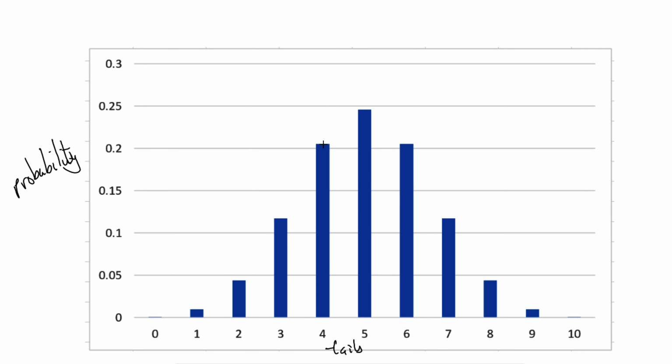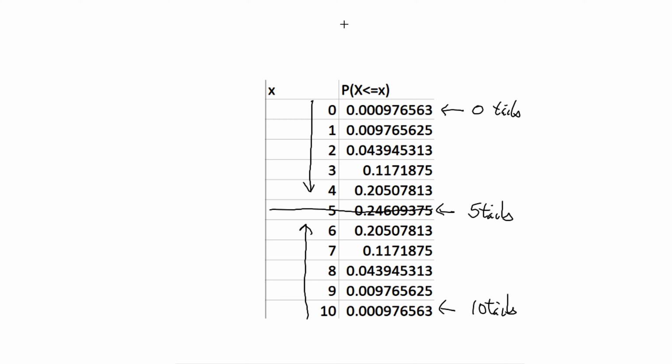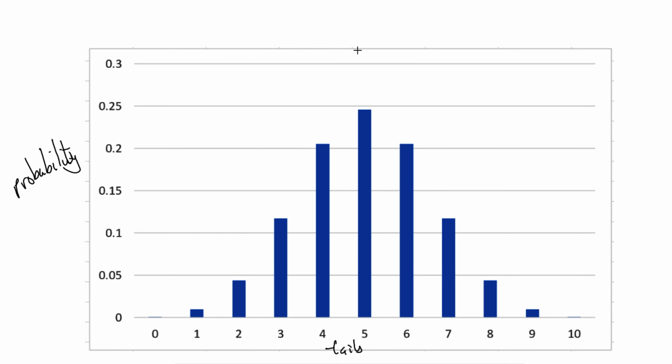And if you consider 4 tails and 6 tails, you can see that we've got around about 0.65 overall, cumulative chance of getting those 3 things. And even 8 has still got just under a 5% chance. Again, if you look back at our values, we can see that 8 is about a 4.4% chance there.